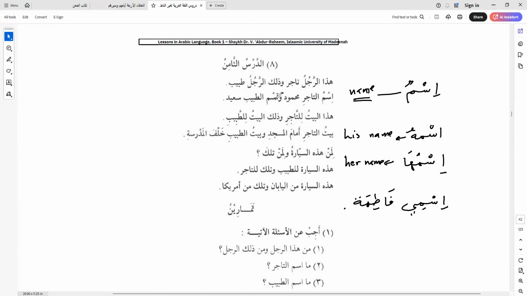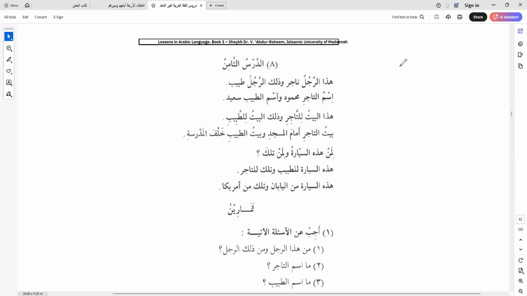واسمه, wasmo. So here you need to connect the wa to the sin. You have to say wasmo. You don't have to say wa ismo because the hamza here is hamza tul-Wasl. Hamza tul-Wasl is not read in between when it's sitting between two consonants, right?